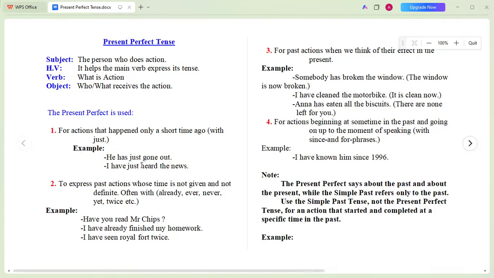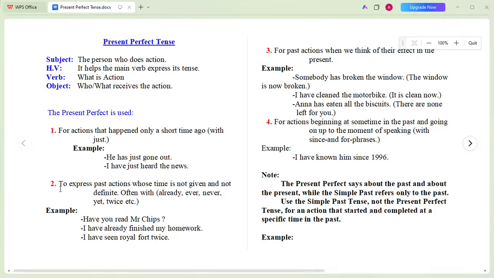He has just gone out. The next example, I have just heard the news. Currently, you just have to see the examples. Later, I will tell you how you would structure this tense. So now just focus on examples.